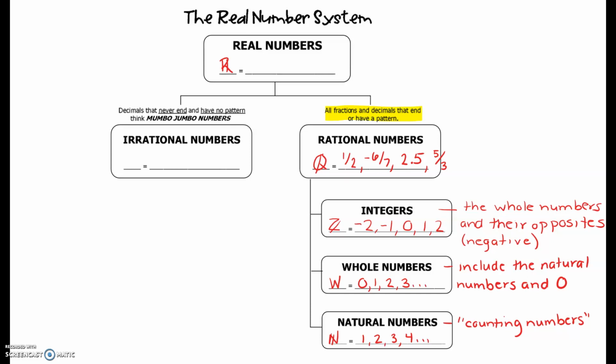Okay? If we go over to the exact opposite, you will notice that we have a different definition. Decimals that never end and have no pattern. Think mumbo jumbo numbers. So these numbers are things that have no end.